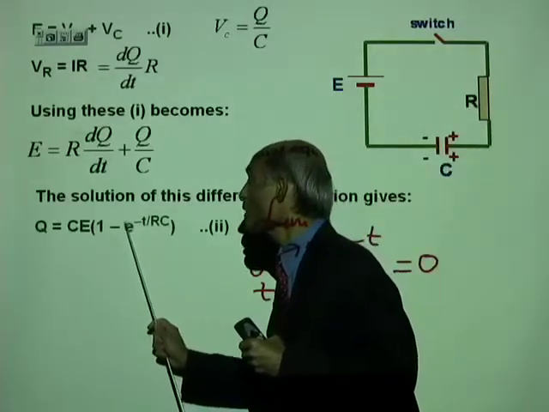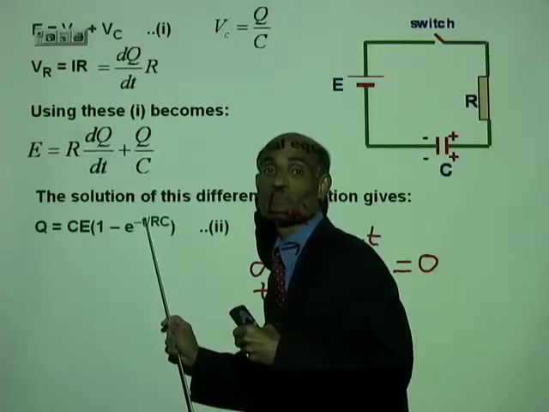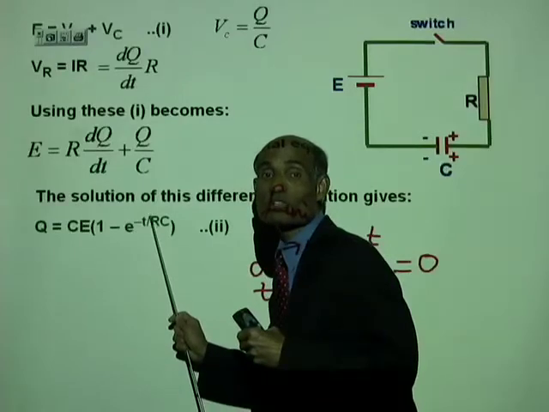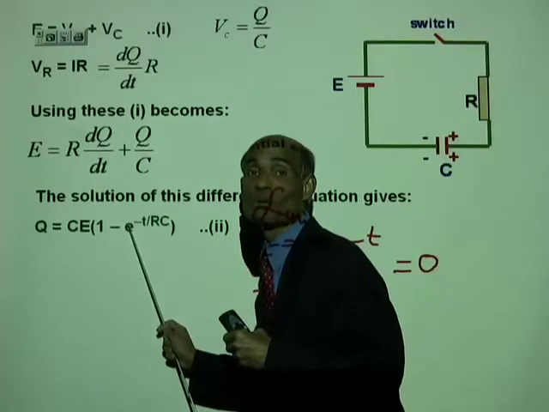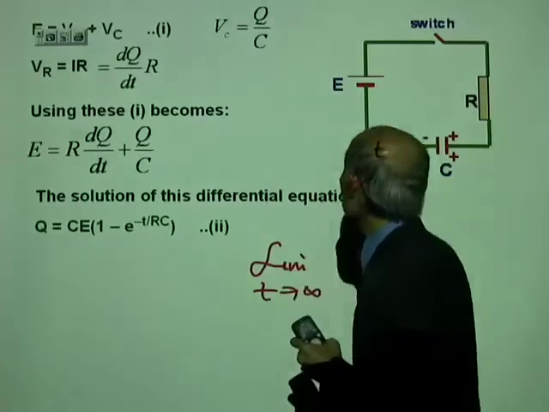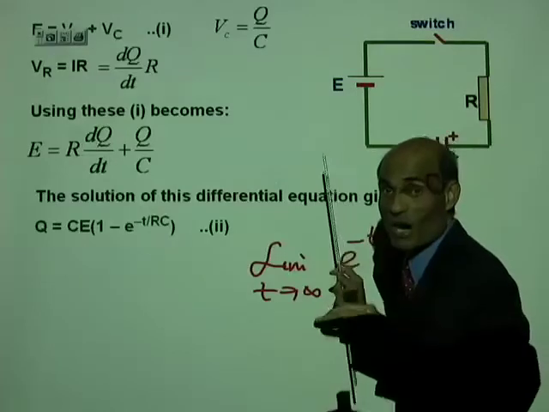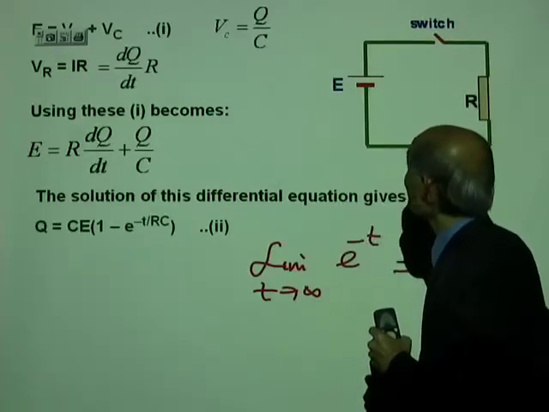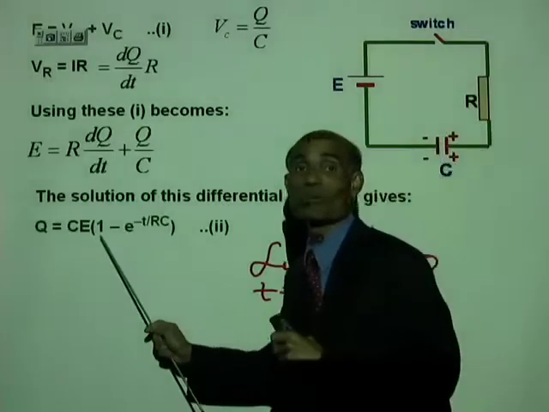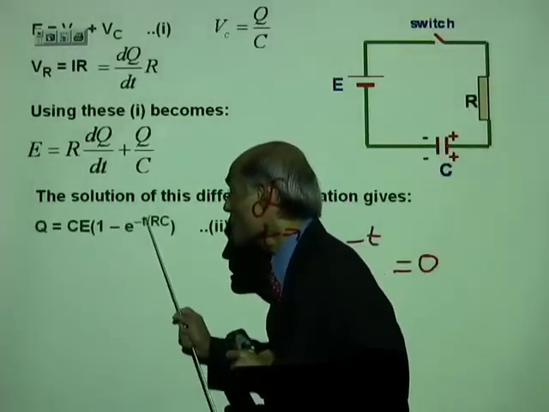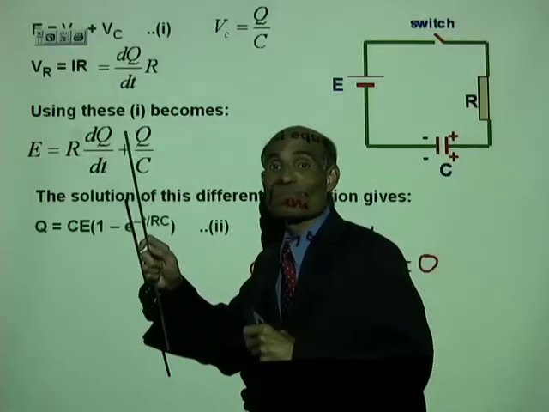Well, e to the power of 0 is 1. 1 minus 1 is 0. That means at t equals 0, when you set up this connection and start the clock, the amount of charge on the capacitor plate is 0. And as time increases, the amount of charge will increase.